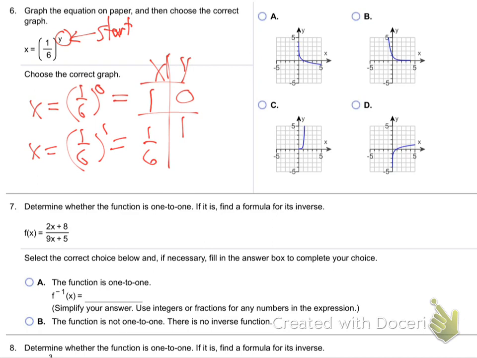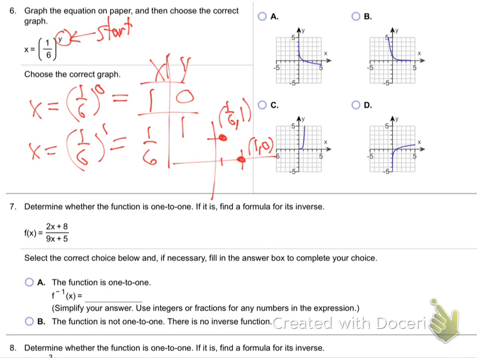So let's put those on the graph. Here we go. Over 1, up 0, and over 1/6, up 1. There they are. There's those two dots. Which one of those graphs looks like it has those two dots? There's only one graph that has the over 1/6 up 1.